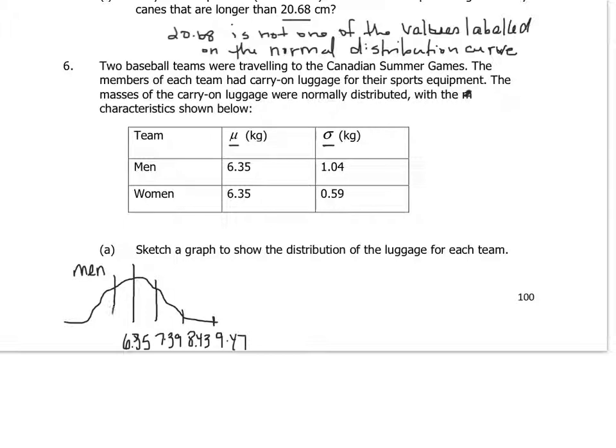Below the mean would be 6.35, subtract 1.04, 5.31, and then subtract from that another 1.04, and you get 4.27, and subtract another 1.04 from that, and you get 3.23.